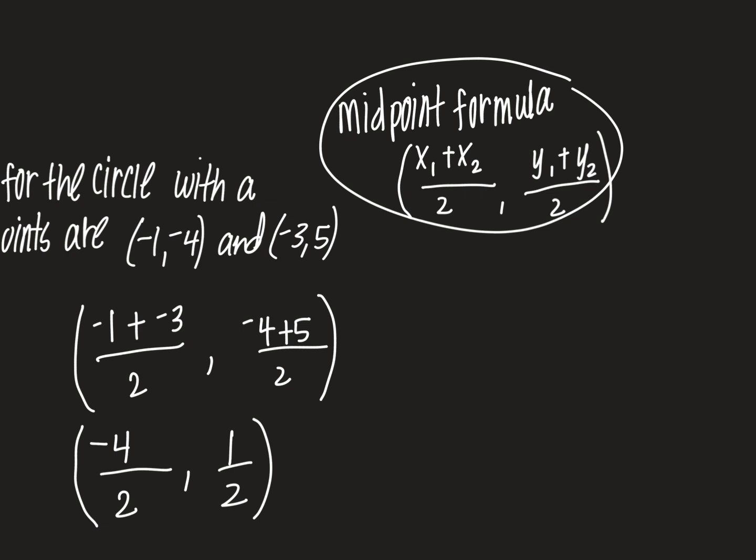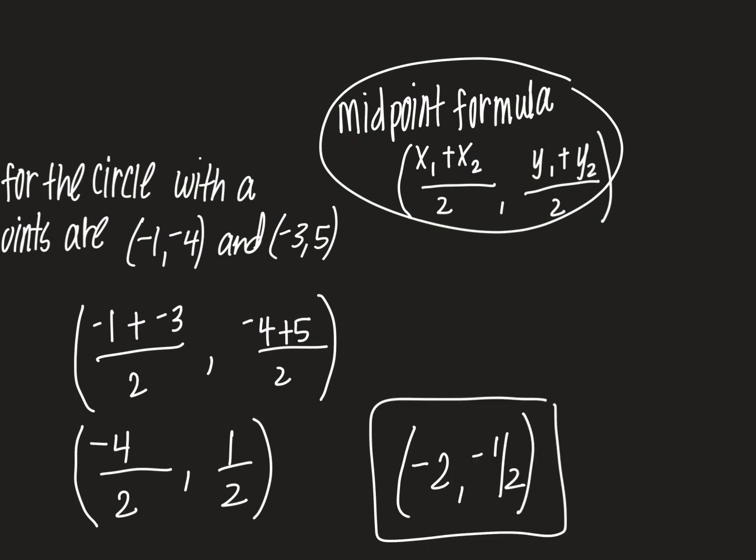We can simplify that down to -4/2 and 1/2. And then we can call this center, this midpoint between these two endpoints, -2. And I see a mistake right here.